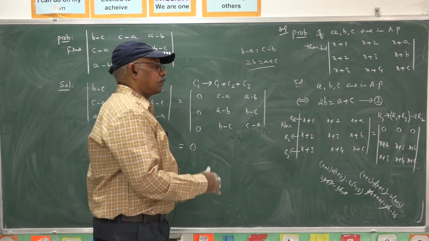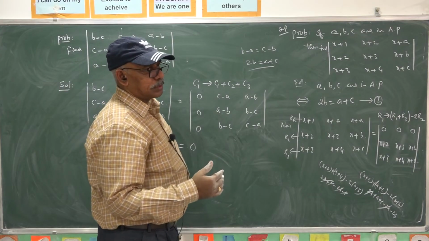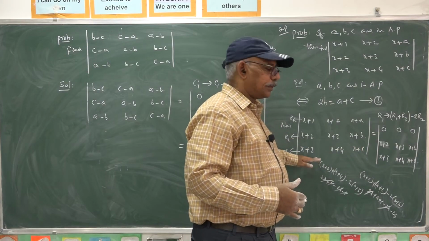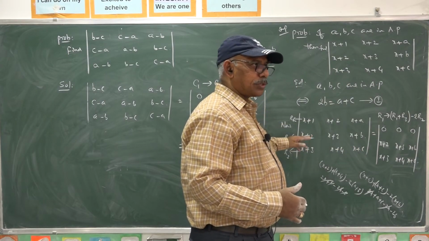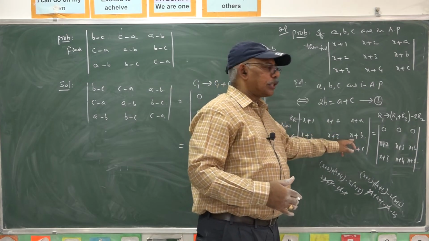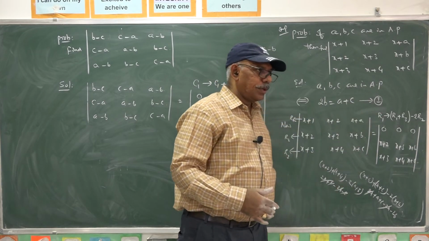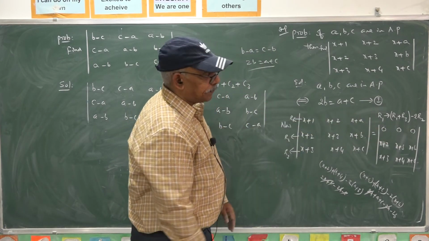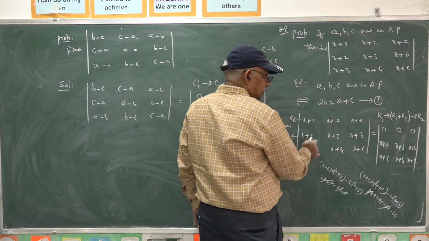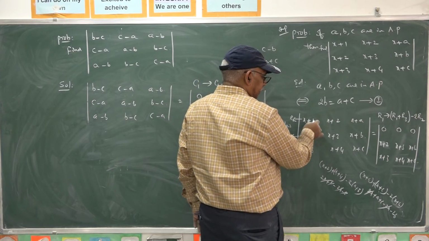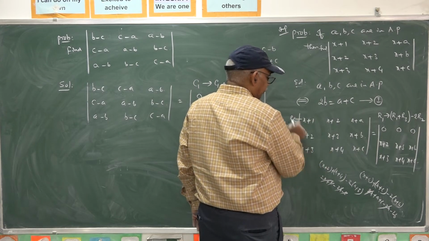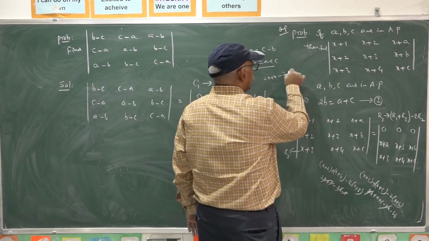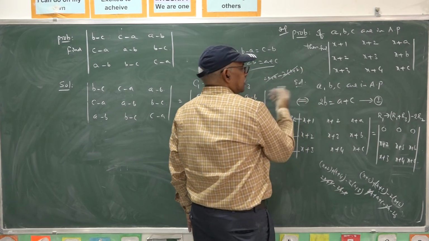Once you apply R1 goes to R1 plus R3 minus twice R2, you write all the resultants in the first row. That gives 2x plus 4 minus twice x plus 2, which gives 0.